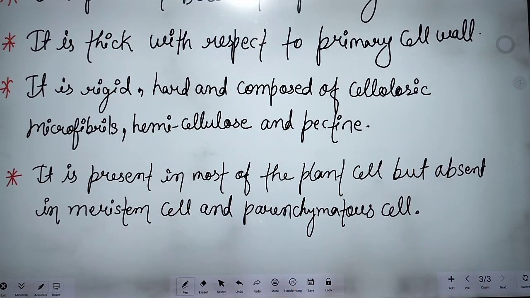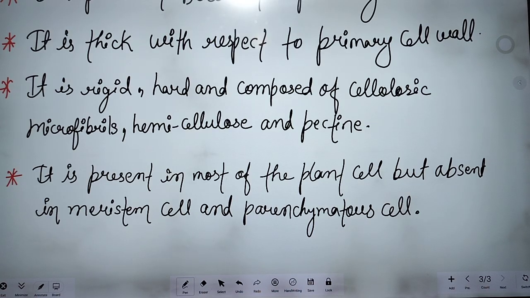After that, it is given that it is present in most plant cells but absent in meristem cells and parenchymatous cells. So these two types of cells are exceptions: secondary cell wall is not present in meristem and parenchymatous cells. Meristem cells help in the growth of the plant, but with a thick, rigid layer they cannot grow.